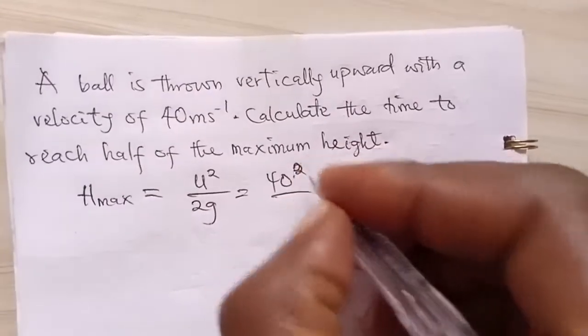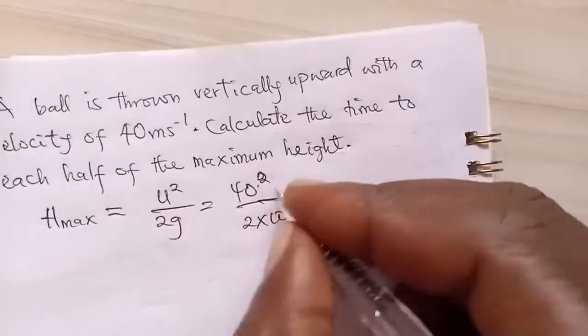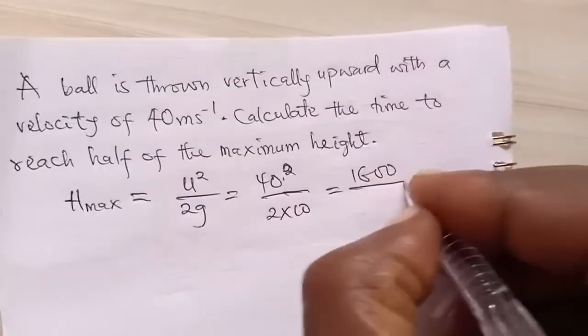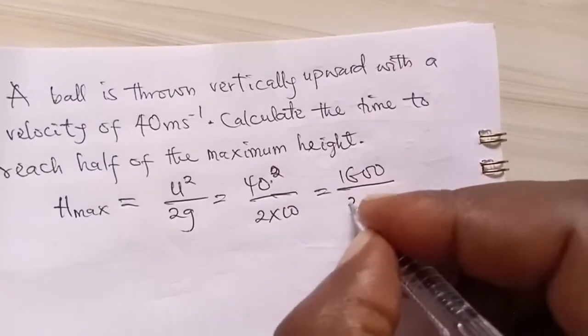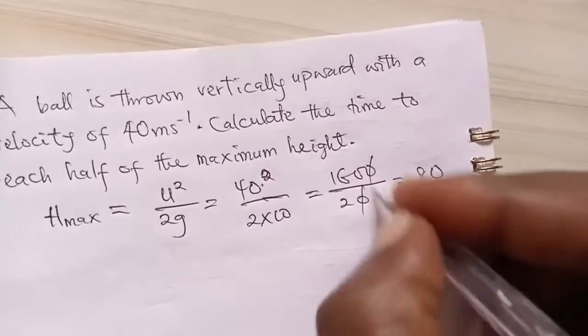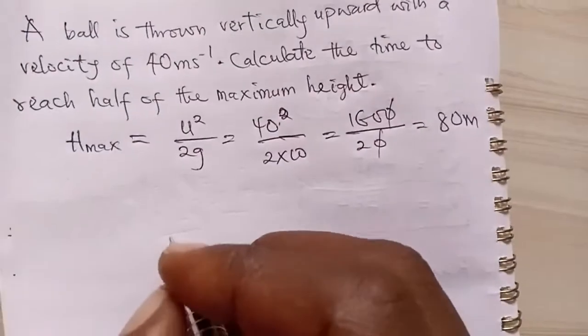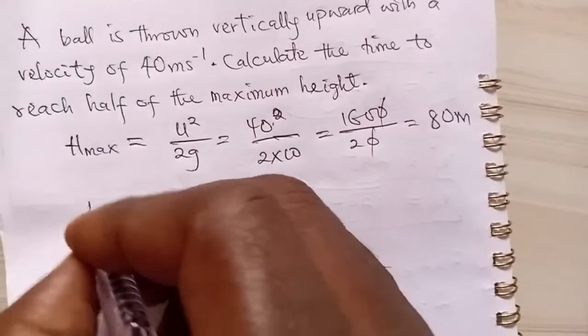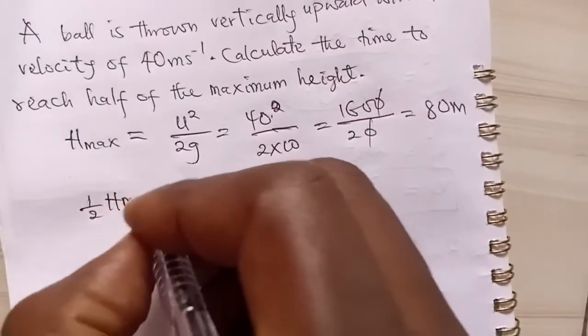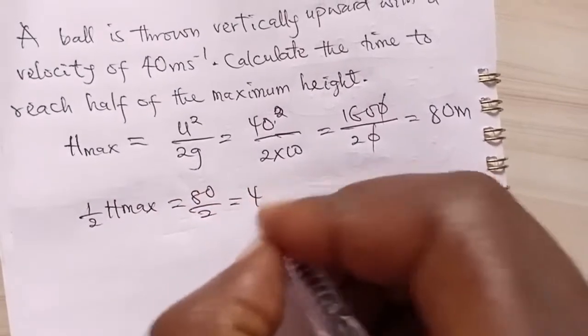So 40 squared over 2 times our g, which is 10. This will give us 1600 over 20, so this will give us 80. So the maximum height is 80, so half of that maximum height will now be 80 over 2, which is 40 meters.